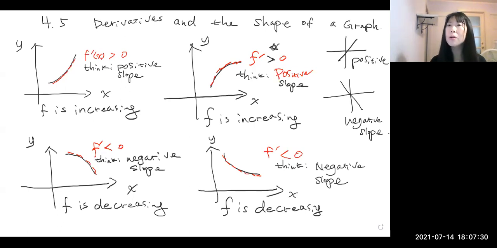If the derivative f prime is less than 0, then the function f is decreasing. The same thing, right? The top is the same, the bottom is the same. Okay, we can say that. All right, let me erase this one.